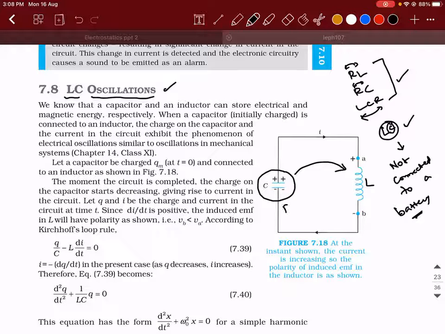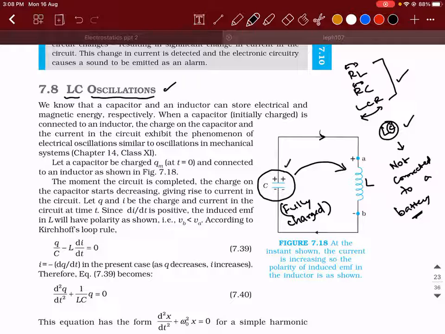This is fully charged. Flow of charges from capacitor to inductor. Yes. So when current is flowing from the capacitor to the inductor, what will happen?